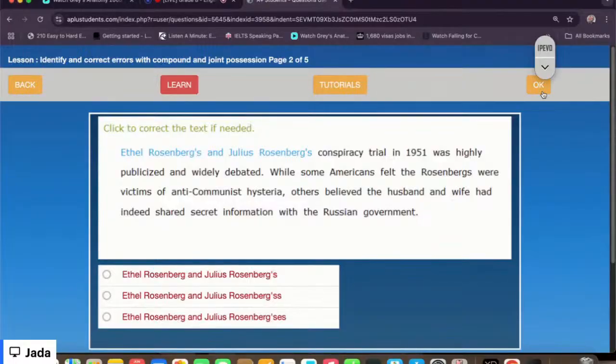Ethel Rosenberg's and Julius Rosenberg's conspiracy trial in 1951 was highly publicized and widely debated. While some Americans felt the Rosenbergs were victims of anti-communist hysteria, others believed the husband and wife had indeed shared secret information with the Russian government.